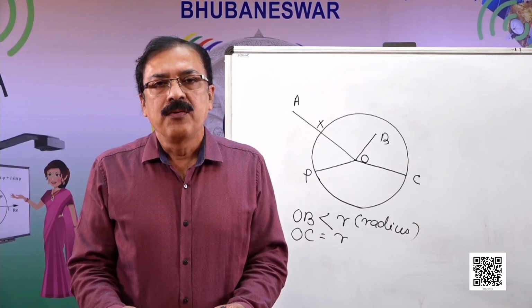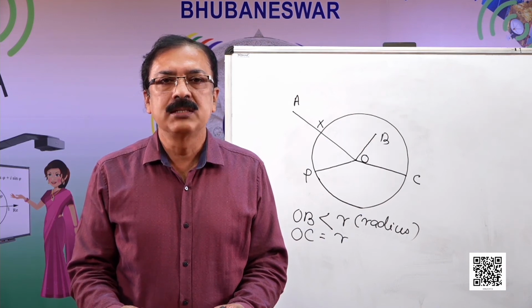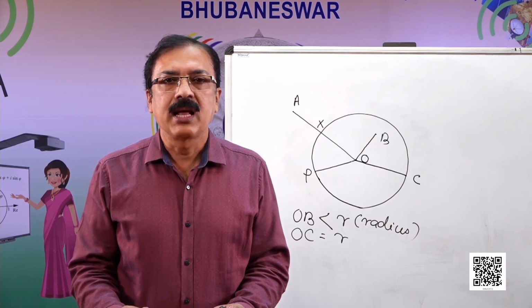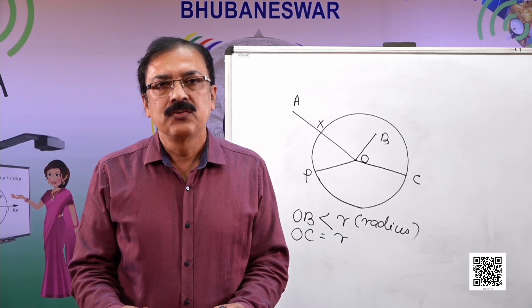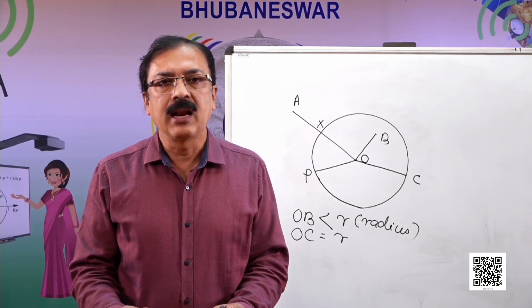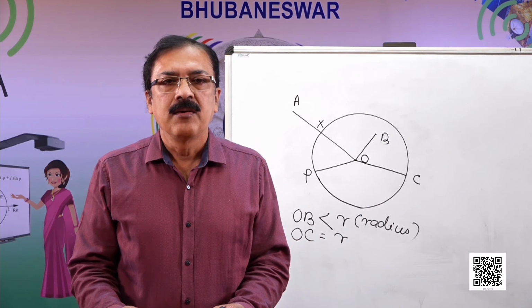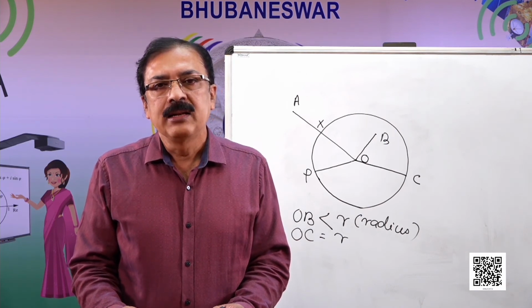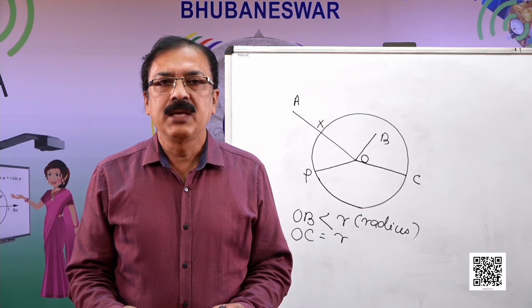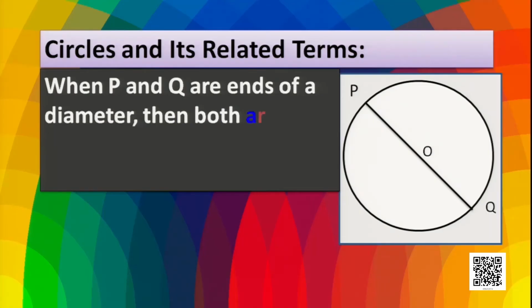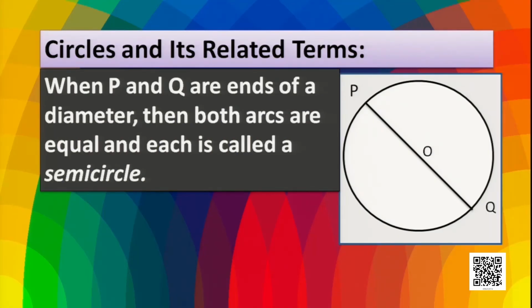So whenever we get 2 points on a circle, we can see 2 arcs. One is the major arc and the other is the minor arc. But when we consider the endpoints of a diameter, then we have 2 arcs which are equal in length. Such equal arcs are called semicircles.